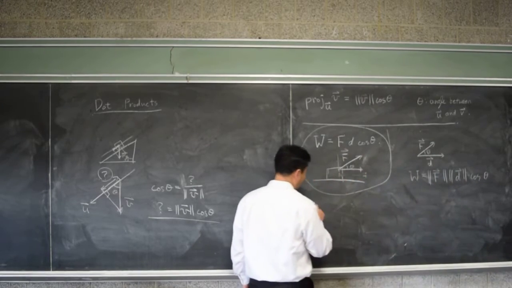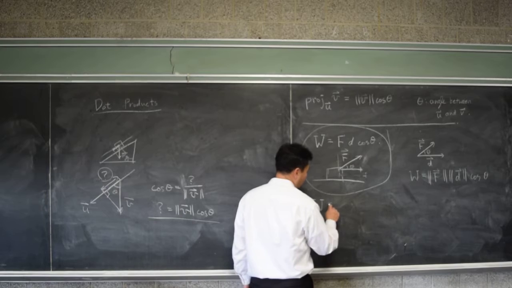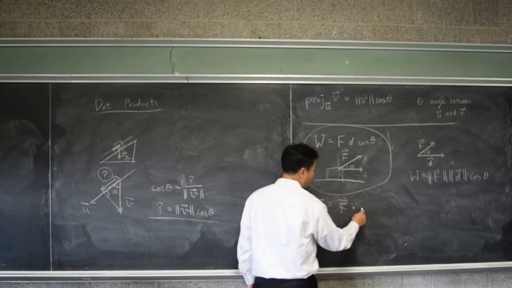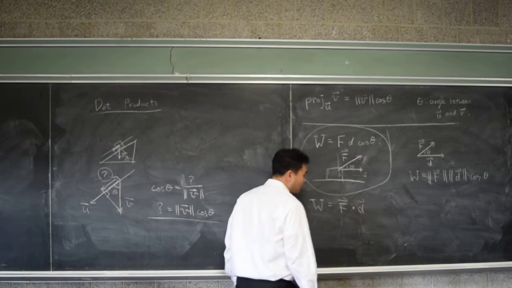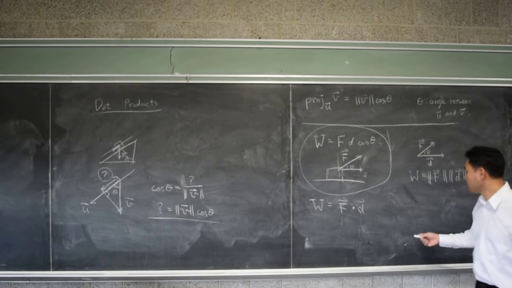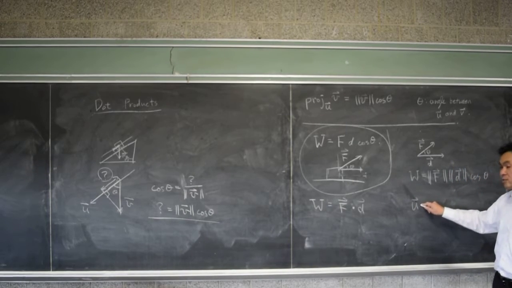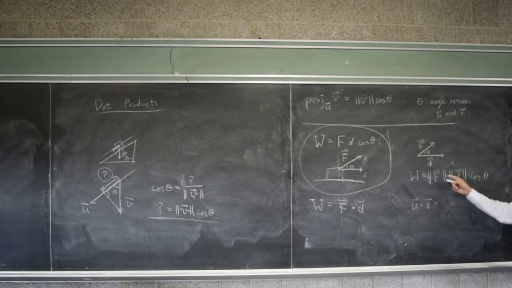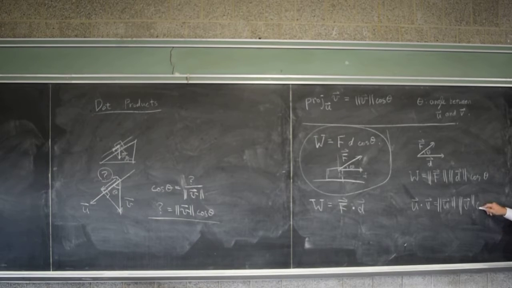They just said the work should be force dotted with the distance, where this dot product is understood in the following way. If you have a vector u dotted with vector v, it's defined to be this thing: the norm of the first thing, the norm of the second thing, and then times cosine of the angle.